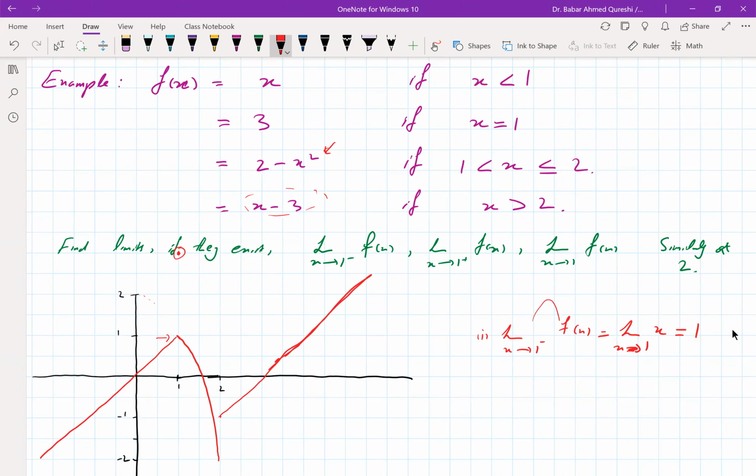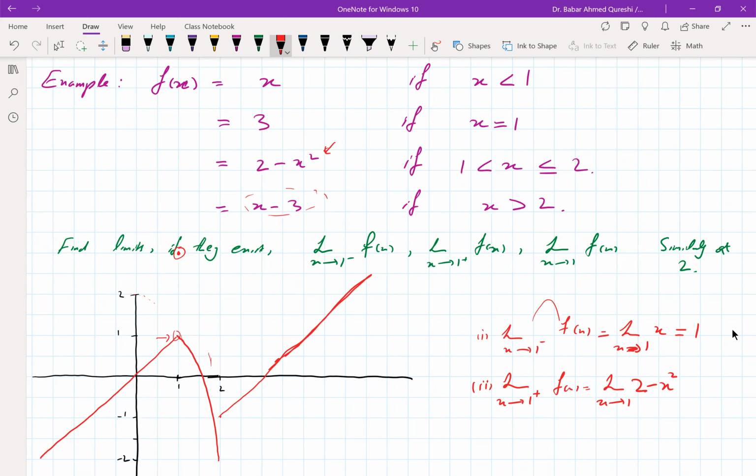And one can look at it in the graph that you're approaching this point. And it doesn't matter that the function's value is 3 over here. And if I look at the right-hand limit, again, right after this, I have to just look at the close enough interval near this point. So in that interval, the form is 2 minus x square.